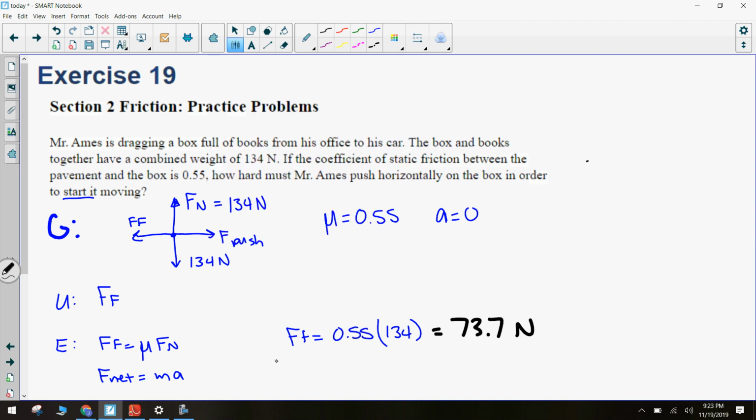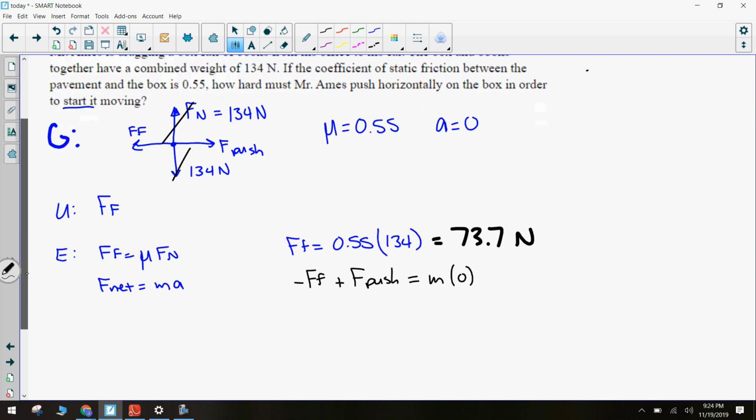Now we go into our second equation, F net. Remember, F net comes from the free body diagram. We already said that this and that canceled out. So all that's left is our left force and our right force. It's going to be negative force of friction plus the pushing force equal to the object's mass times the acceleration, which was 0. Now, we could figure out what the mass is from the weight, but since it's multiplied times 0, we don't really need it.